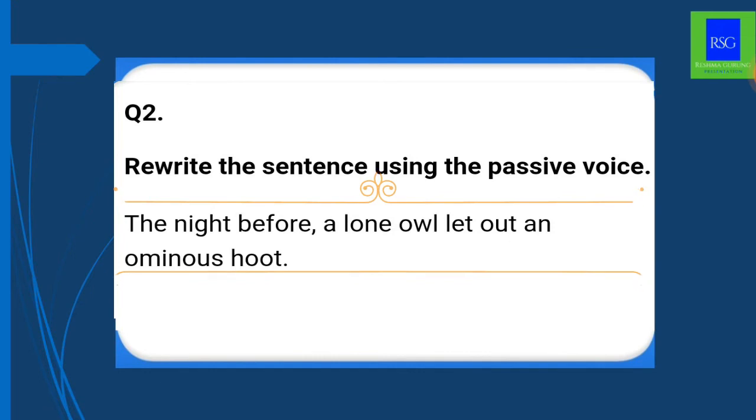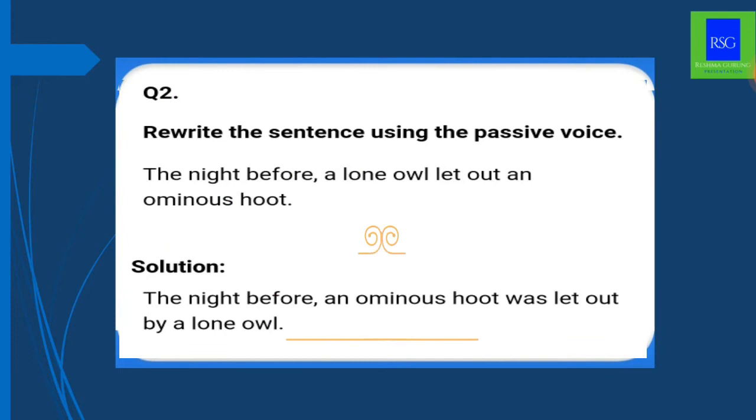"The night before" will remain the same. What was the object in the active voice? The ominous hoot. So: the night before, an ominous hoot was let out by a lone owl. So this is sentence 2.